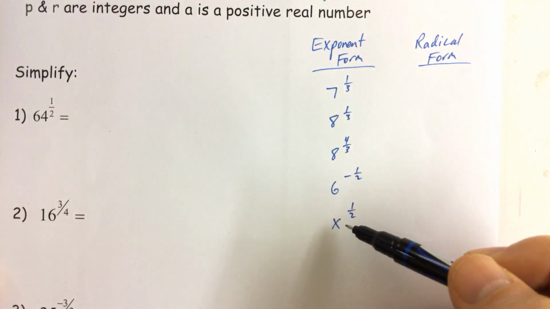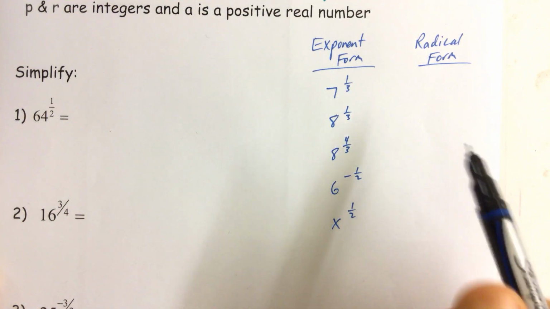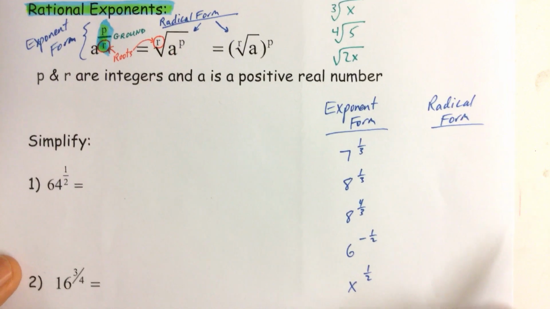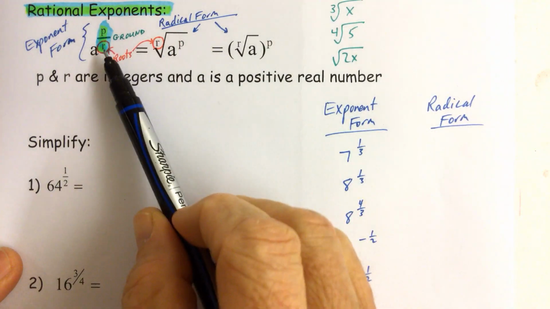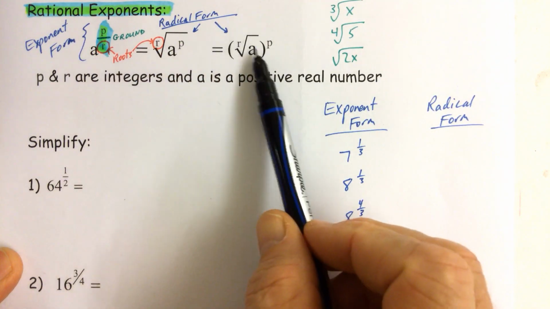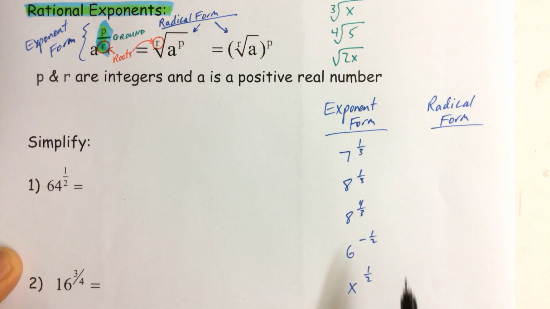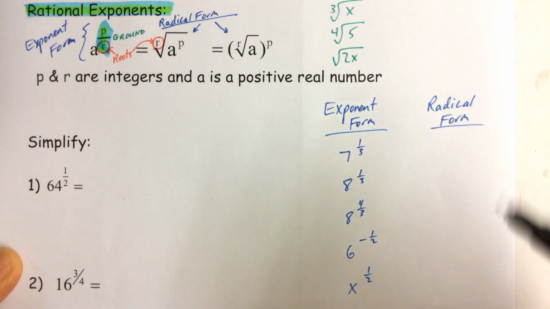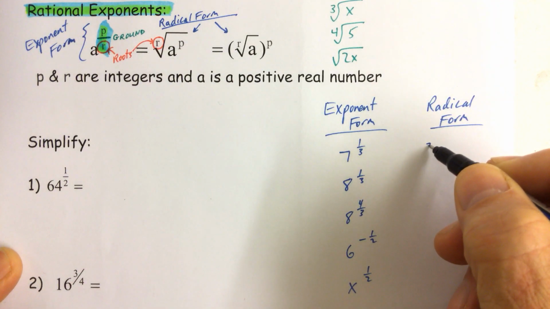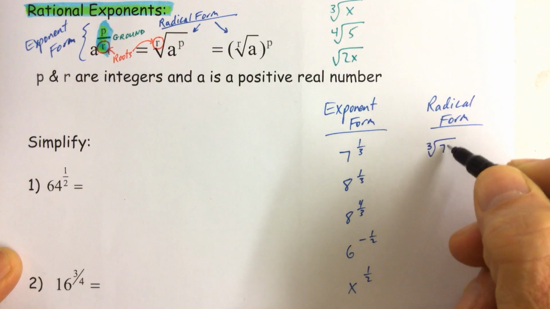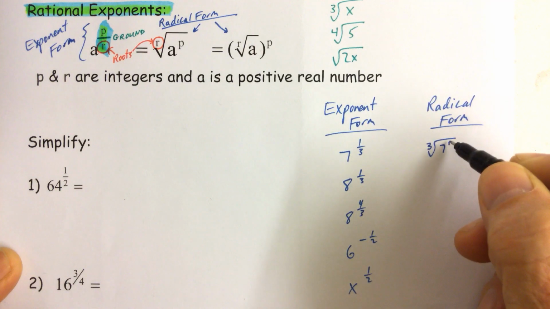That's what we call exponent form. And then if we apply what we just learned, that you can rewrite exponent form in radical form, let's do a few quick ones here. 7 to the 1/3 is the same as the cube root of 7 to the 1st. And we don't even need to write the first power.